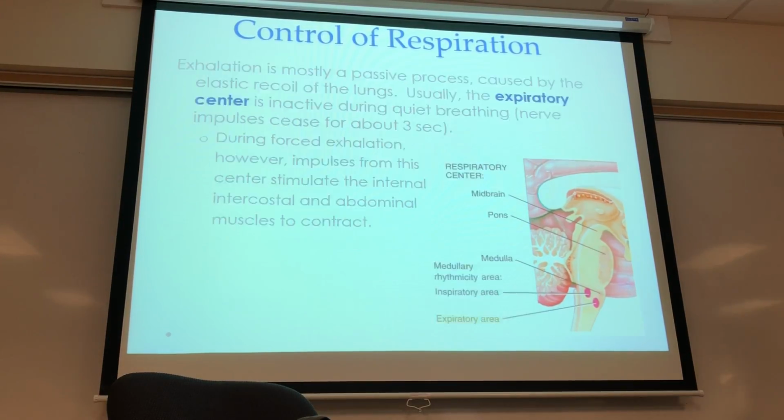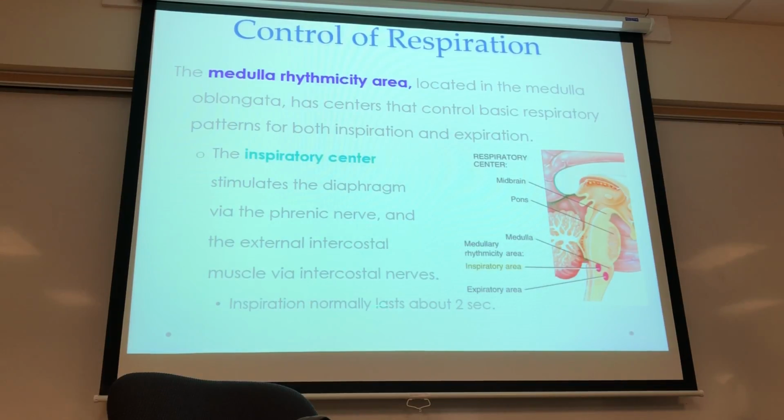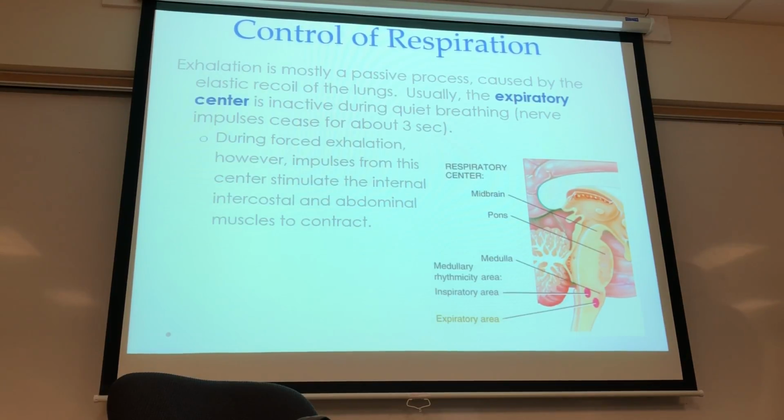Now let's take the other center. If this is the inspiratory center, the expiratory center is typically not firing during normal exhalation. Why is that? Normal, quiet exhalations don't require any energy whatsoever. It's called passive exhalation for a reason.